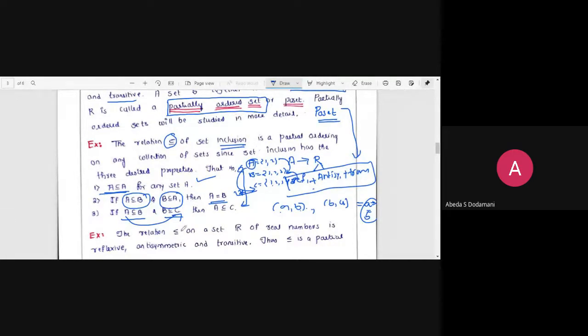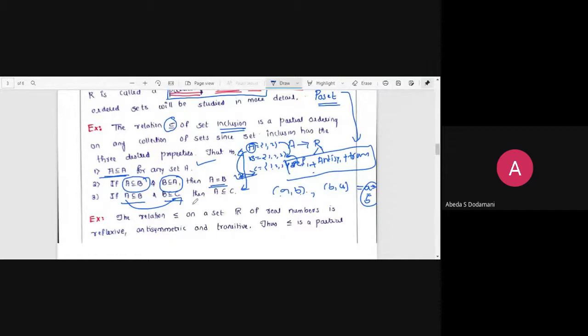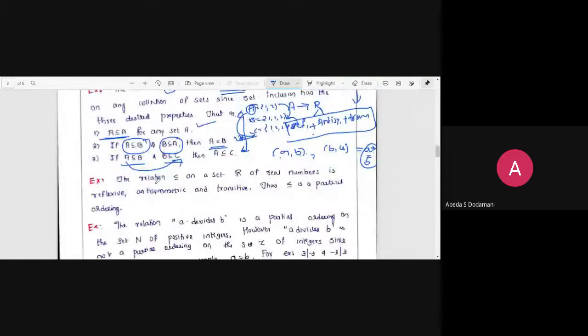Similarly, you can observe this less than or equal to on a set of real numbers. Less than or equal to means every element is less than or equal to itself. Less than alone will not work, but since equal to is also there, this satisfies the reflexive condition.